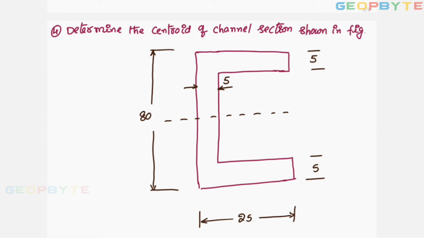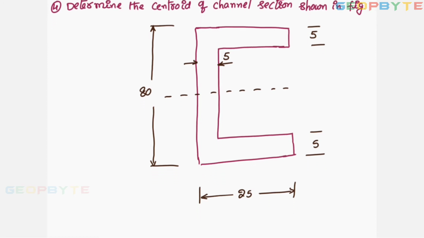Since it is symmetrical on x axis, the centroid should lie on that particular x axis only. That means you need not find the y bar, you need to find only x bar, because the given section is symmetrical on x axis.